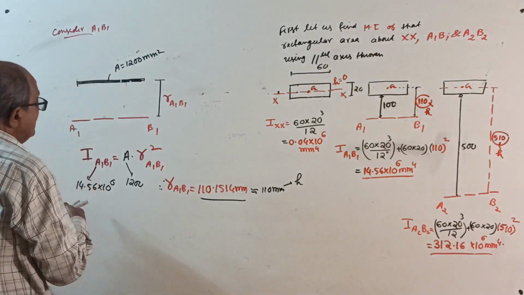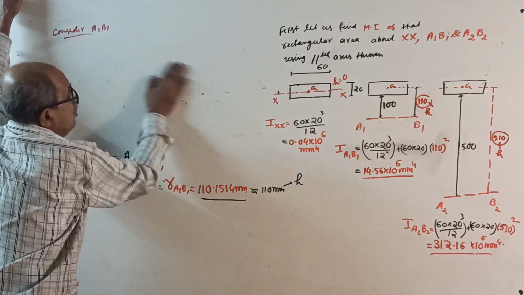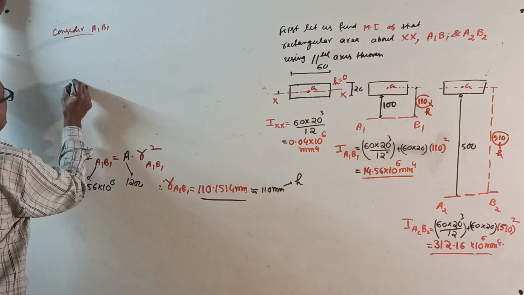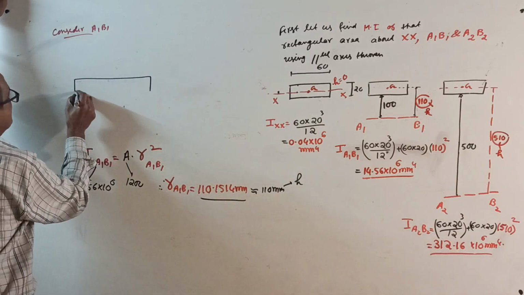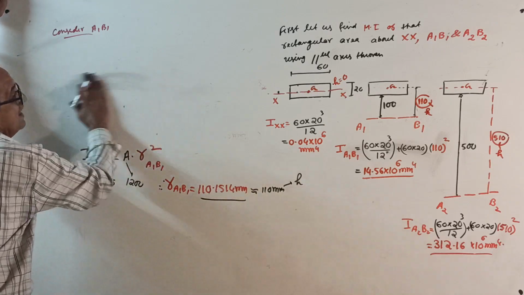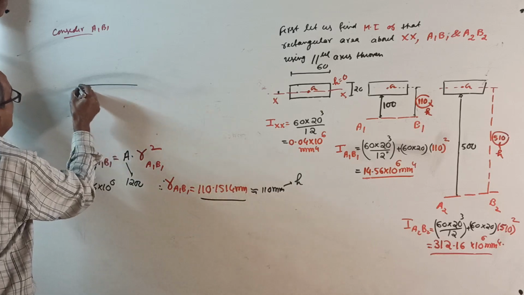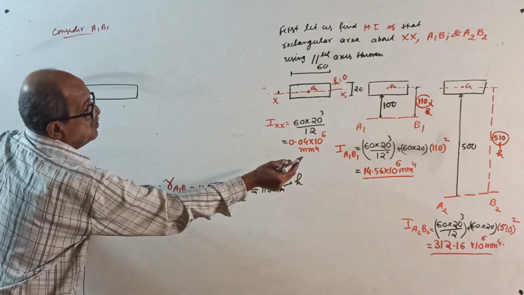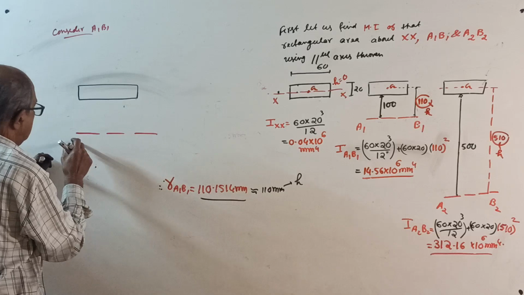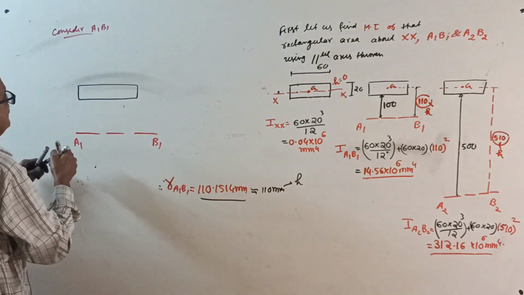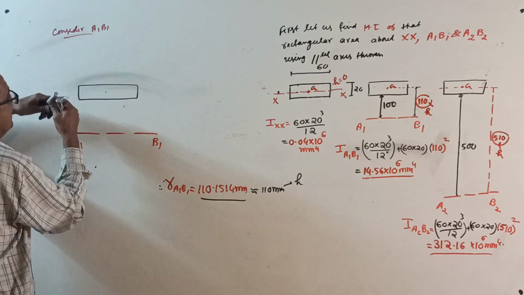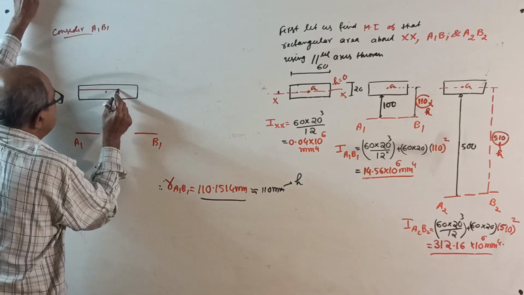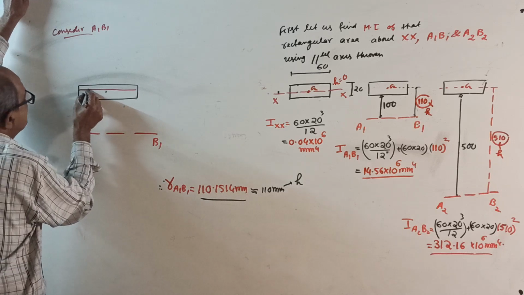Now write the statement here. Project the second area, a little bigger. Understanding is important. With respect to A1B1, this is the centroid here. Earlier the centroid was here. You have to squeeze it very slightly above.